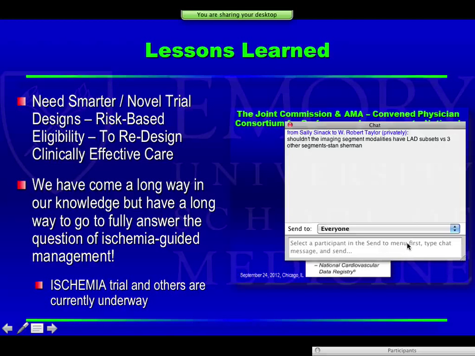And I thought you might refer to the evidence from the COURAGE trial that showed that the degree of ischemia, measured as less than 5, 5 to 10, and more than 10, did not predict ultimate outcome, but the extent of angiographically documented coronary disease did. And we have a huge amount of evidence that the extent of coronary disease is also a powerful predictor.